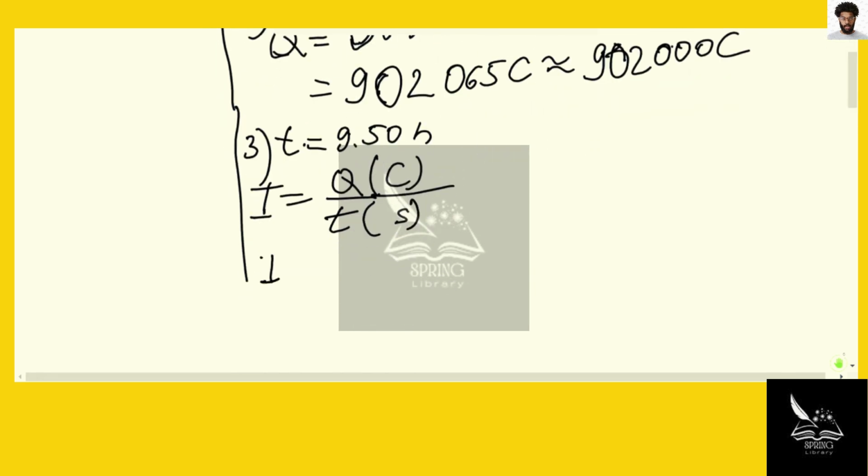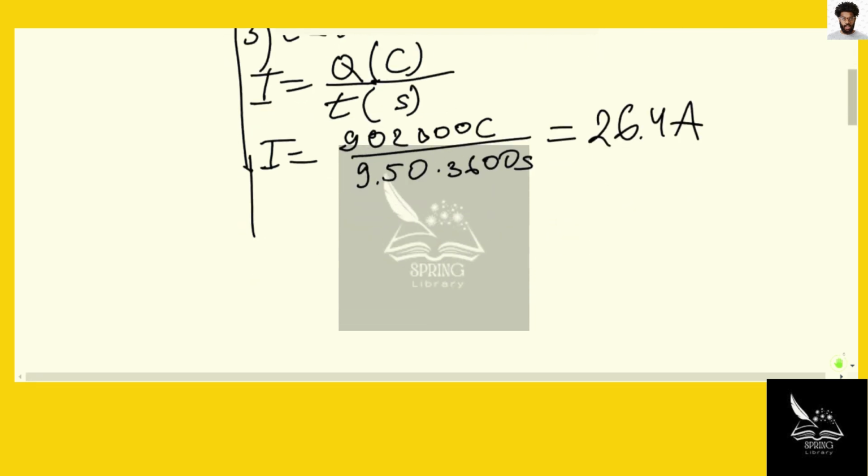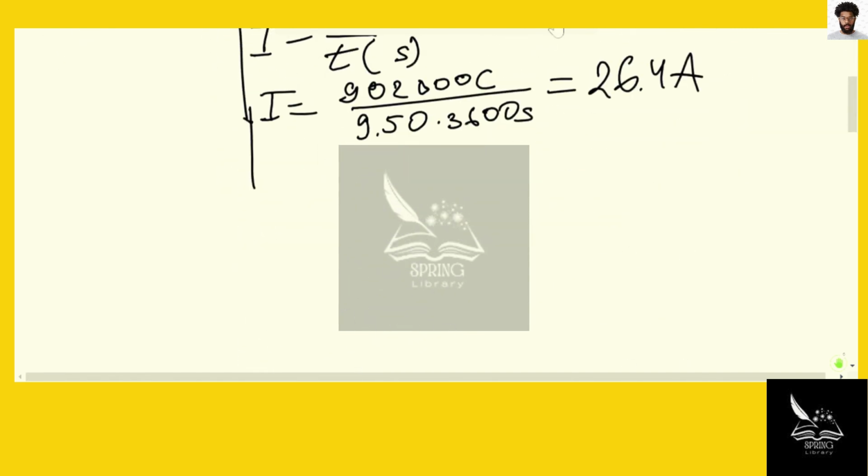That's why current equals the charge divided by 9.50 multiplied by 3600, and multiplication by 3600 is required to convert hours to seconds, or it equals 26.4 amperes.